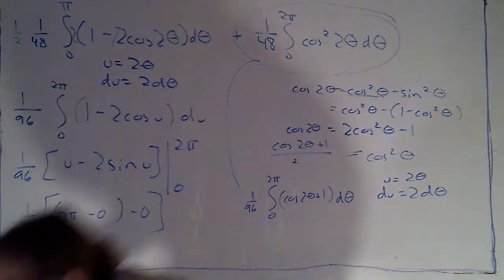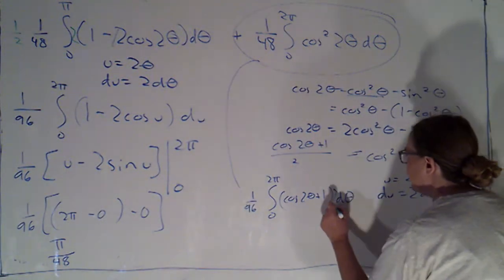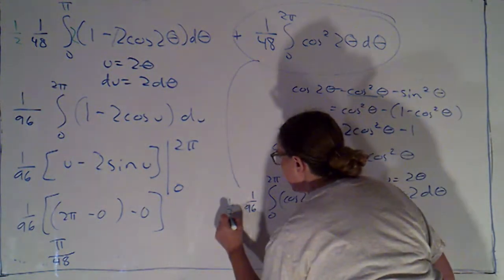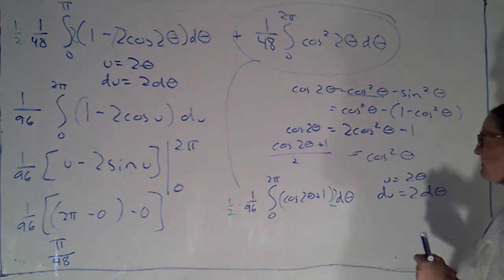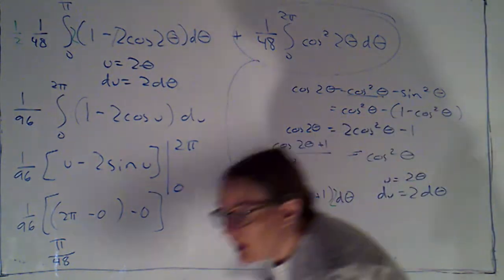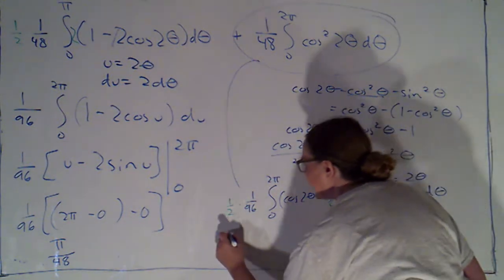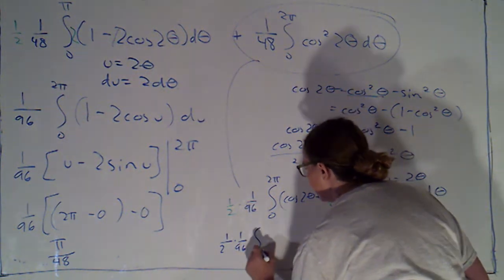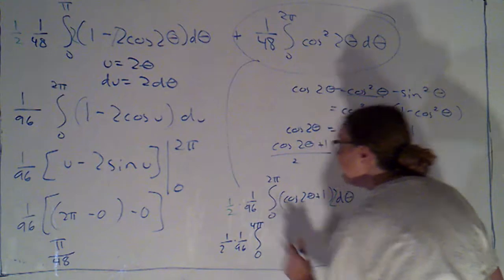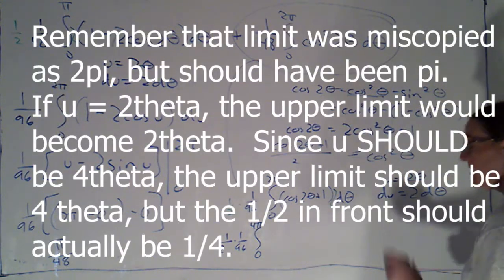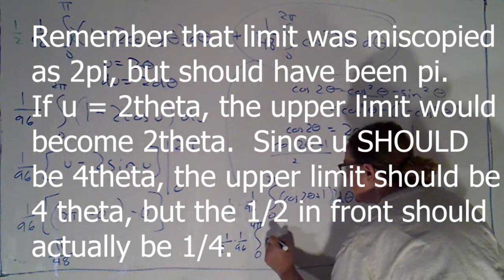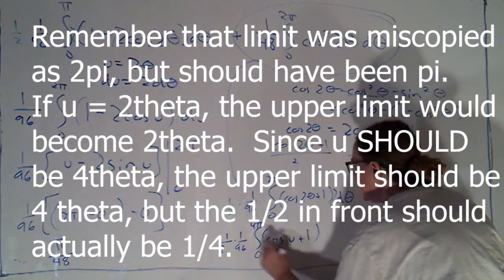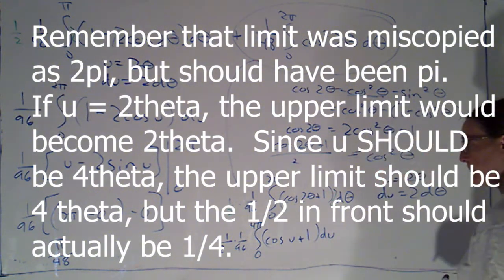So I must introduce a 2, which I will counterbalance with a 1/2. So that's going to be 1/2 times 1/96 integral from 0, now it's to 4 pi of cosine of u plus 1 du.